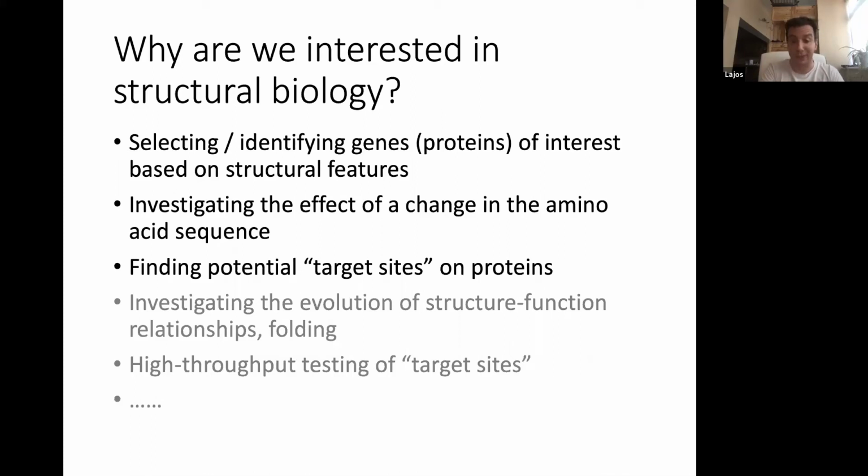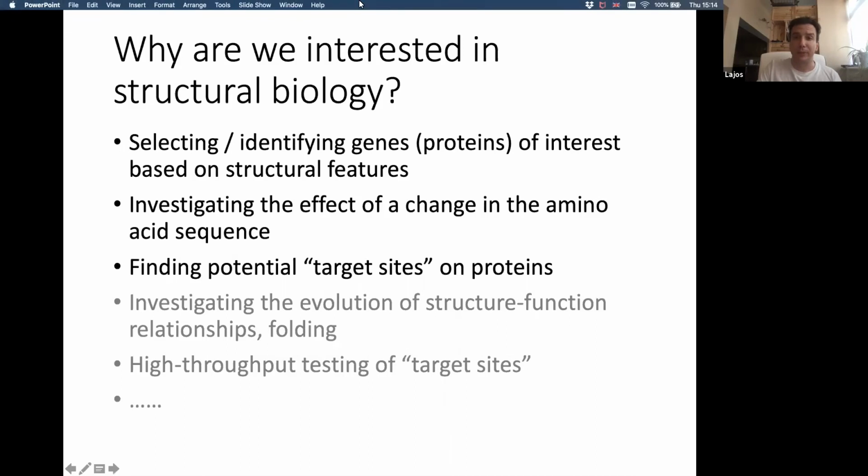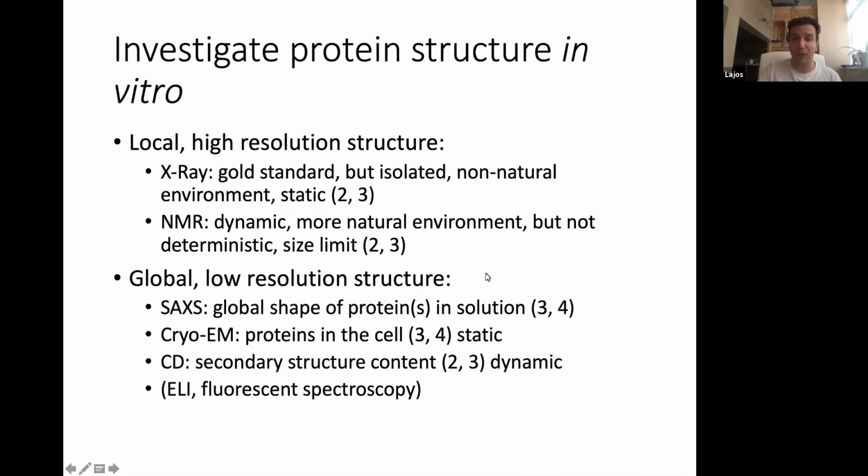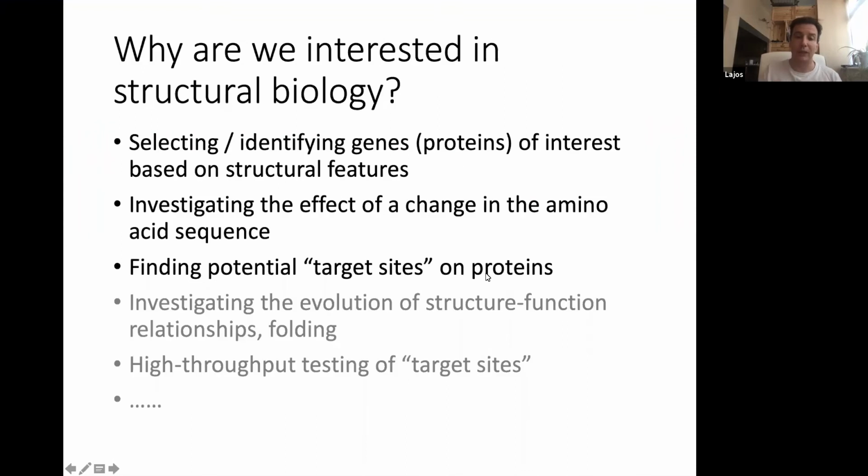Understanding how this happens is actually a huge challenge even nowadays. And this is what folding is about: how that protein reaches the final three-dimensional structure, which is the stable, the functional structure.